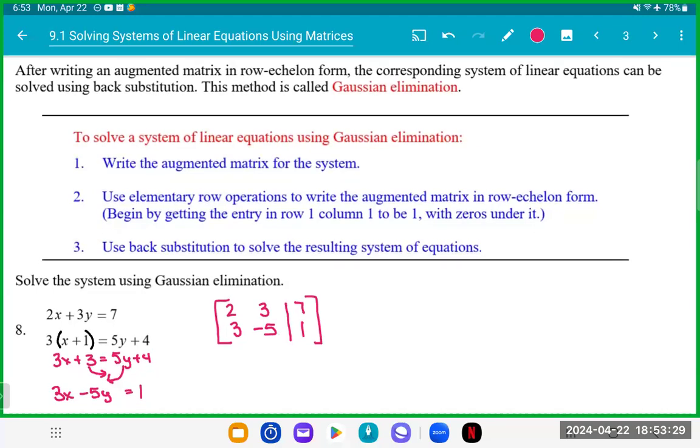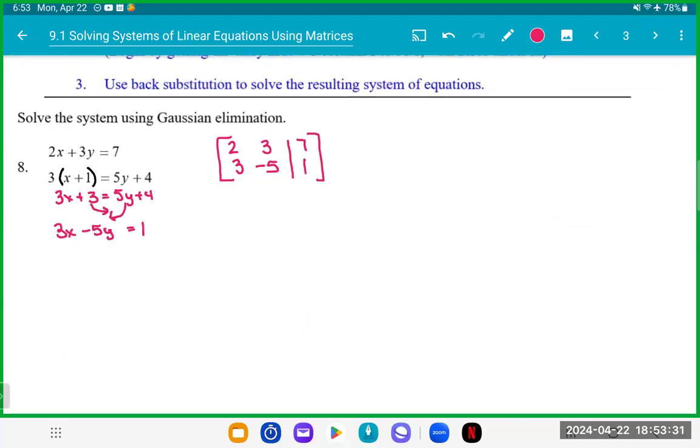Okay. And if we're going to write this in, so we've written it in standard form. Now we're putting it in an augmented matrix. That's what the matrix here looks like. And now we want to perform row operations to give us the diagonal of 1s and then get the 0 underneath it.